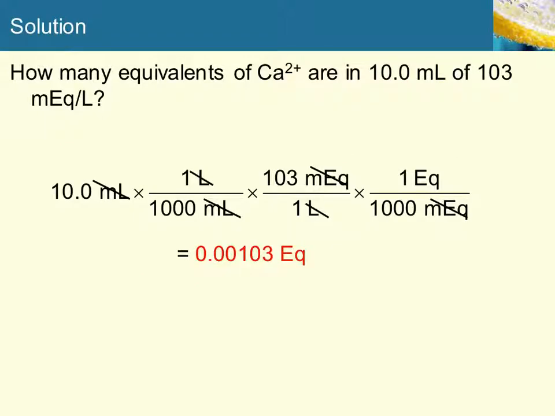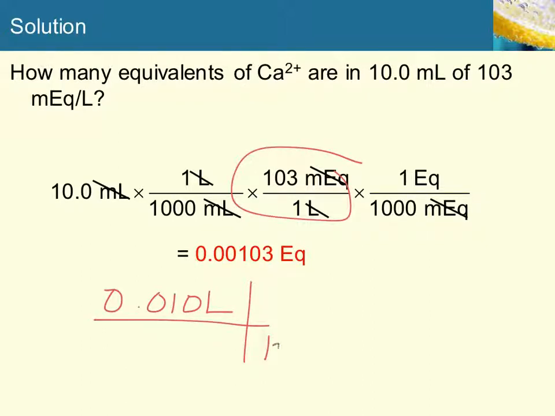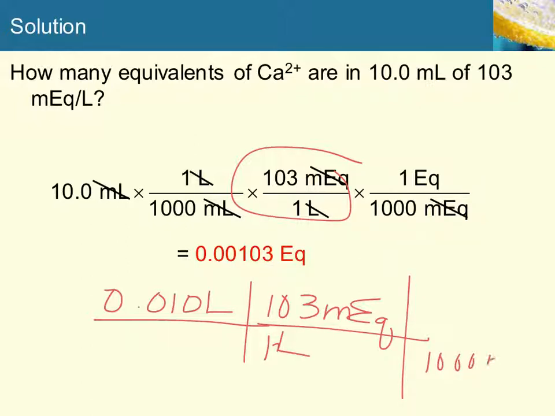So I probably would have started right with my liters because we already changed that, and I would have done 0.010 liters, and then I could have gone right in with this. 1 liter is 103 milliequivalents, and then 1,000 milliequivalents is 1 equivalent. And we would have gotten the same answer, but I just cut out a step because I used my sliding scale to convert my milliliters to liters.